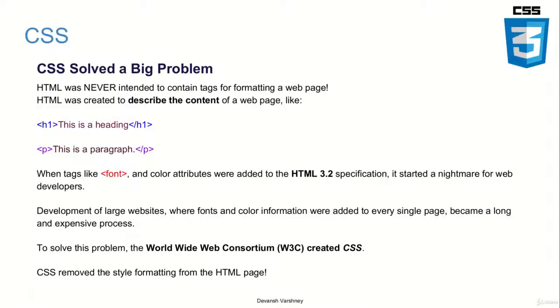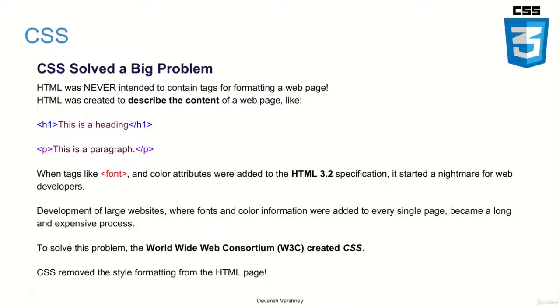And the last and most important point is that it is platform independent. It can support the latest browsers as well. CSS was created in 1994 by a group of people at the W3C, the World Wide Web Consortium.